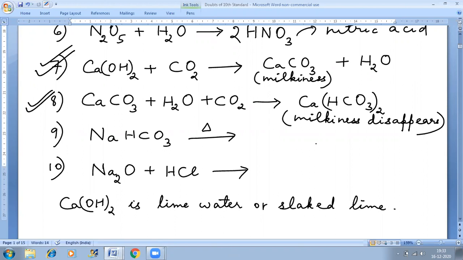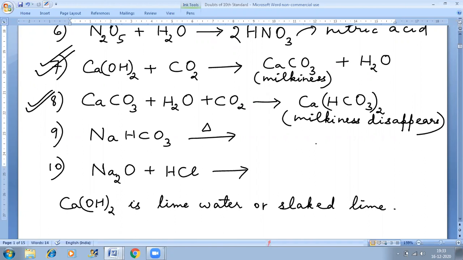It's a very common question in the exam. So if calcium hydroxide is reacted with carbon dioxide, you get calcium carbonate, but if you pass more and more carbon dioxide gas, then you get calcium bicarbonate, that is Ca(HCO3)2, due to which the milkiness disappears and the solution again becomes clear or transparent.